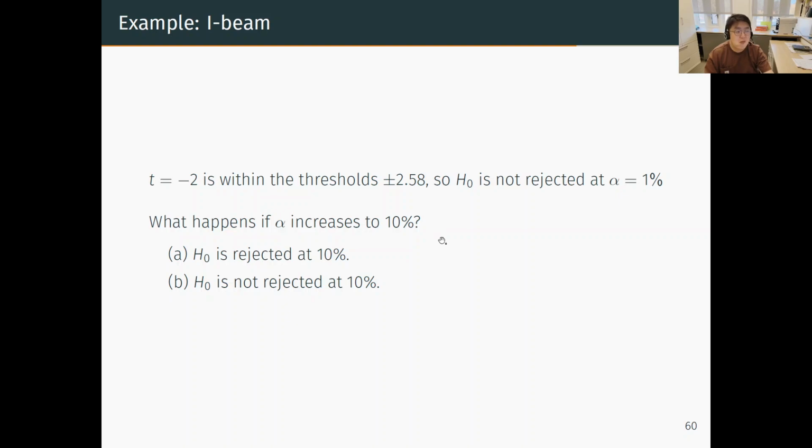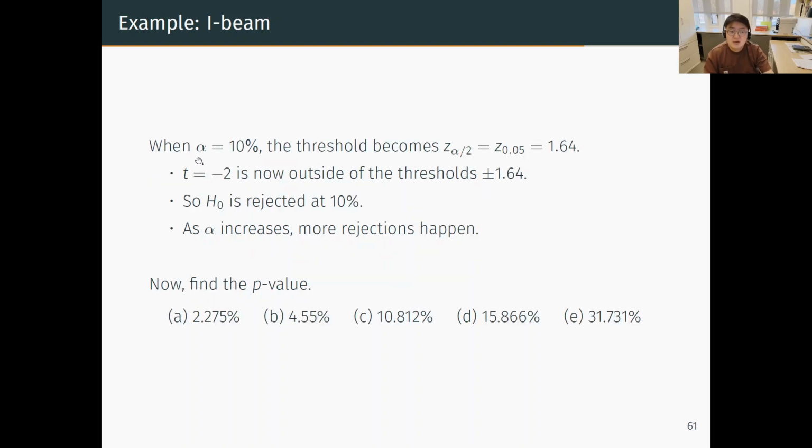So if you go back to a previous video, I gave you the number that corresponds to 10%. That was 1.64. So if you choose 10%, your thresholds become plus minus 1.64. Now, when you change the thresholds, the t statistic is now outside.